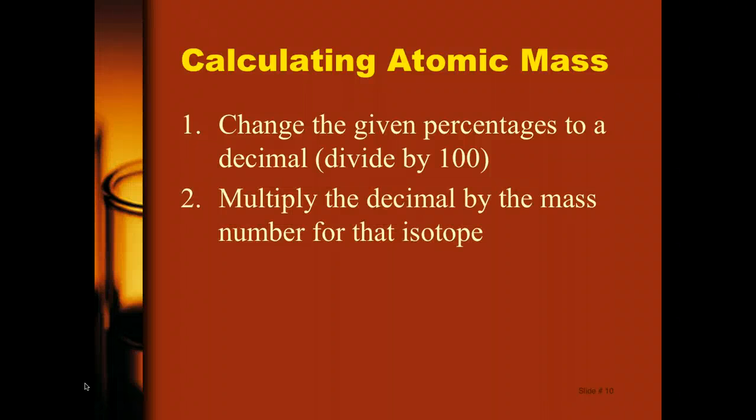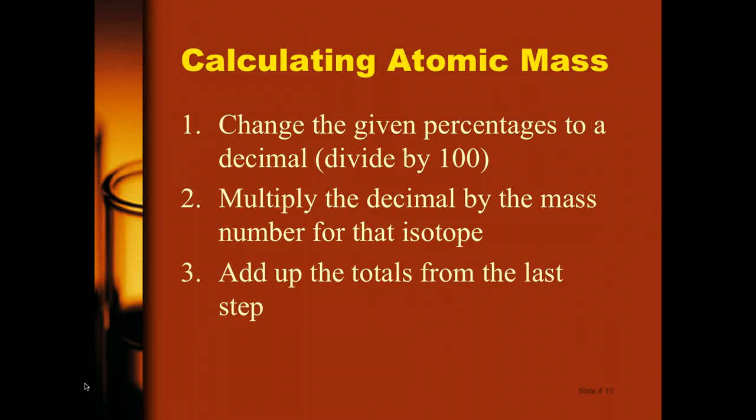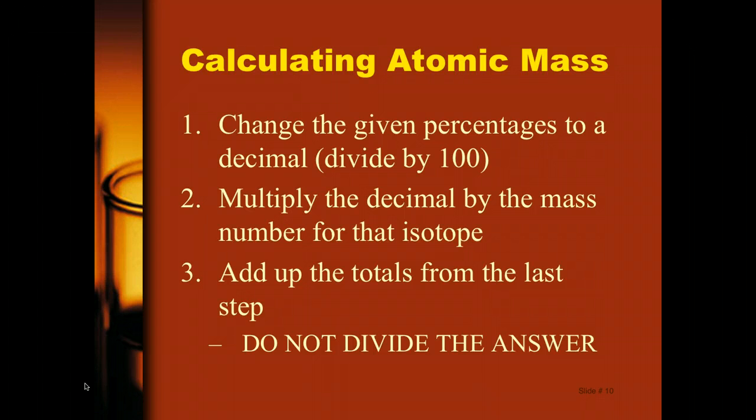That's kind of the math that I gave you on that worksheet, the Beanbag Lab addendum. You then multiply this decimal by the mass number for the isotope, and you add the totals up from the last step. Do not divide. Do not divide anywhere. This is a weighted average, no division necessary.